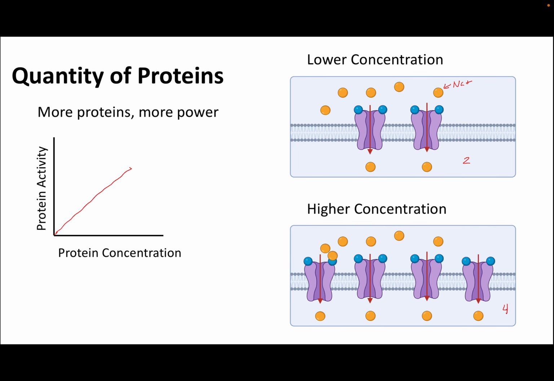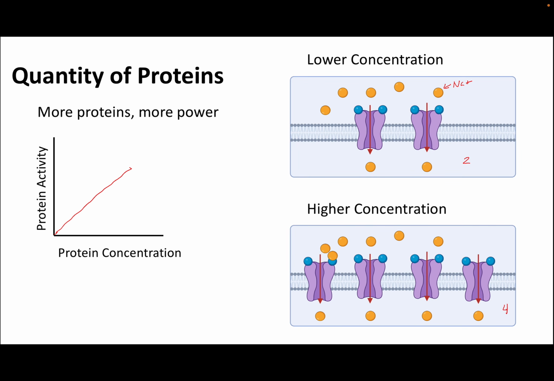Now, where this could be limiting is if you run out of ligands to interact with those proteins. If you keep adding more and more and more proteins, but there aren't ligands to engage with them, then you might not get any additional benefit from having more proteins. We don't typically see that occur as often, so we typically say that there's going to be a direct relationship between protein concentration and protein activity.